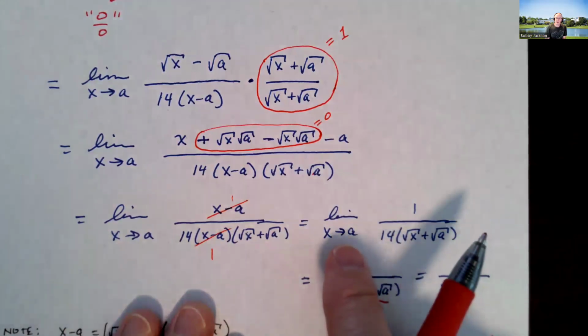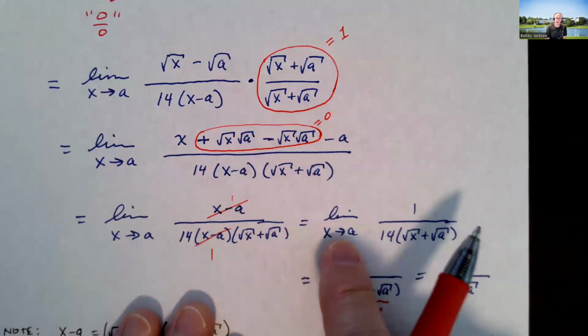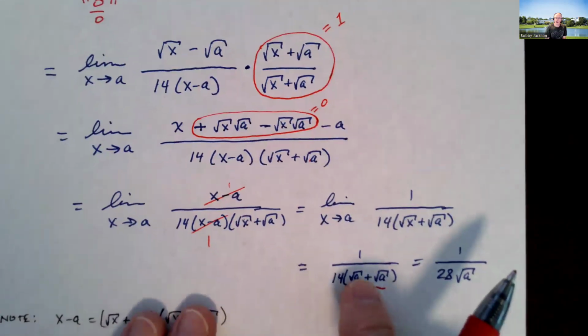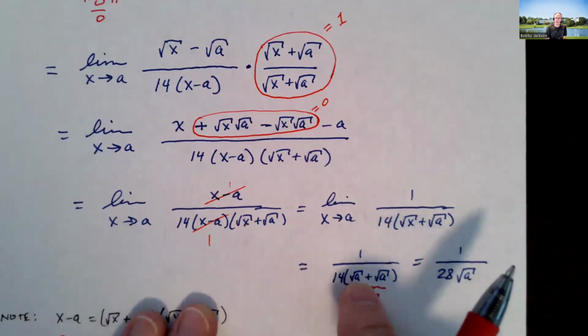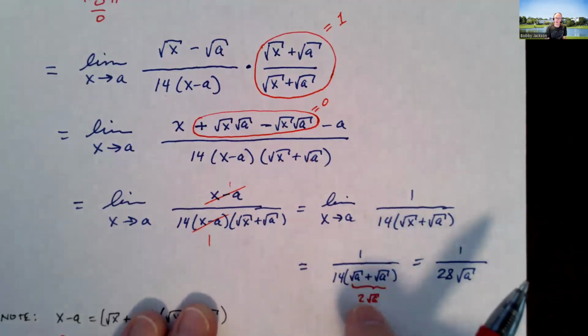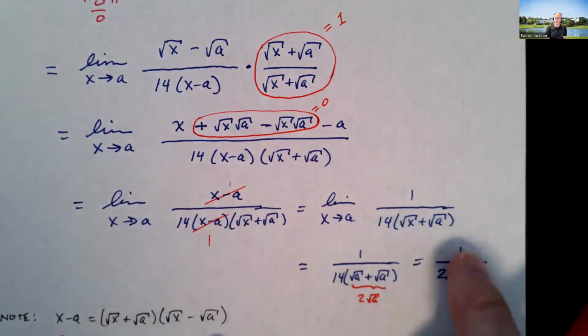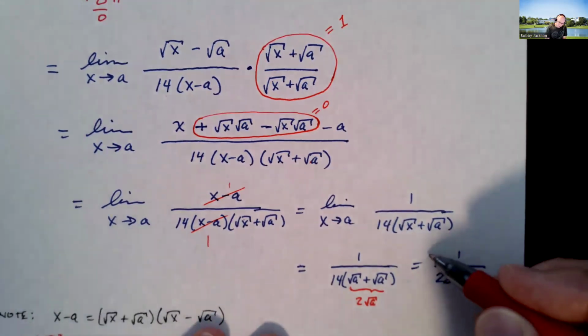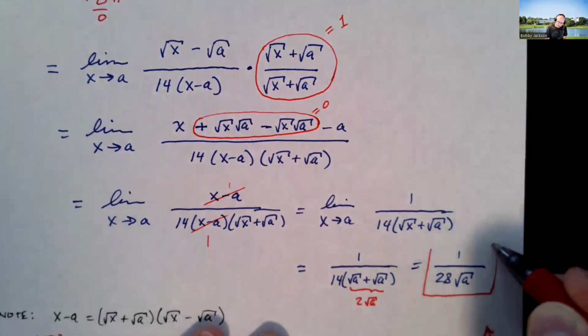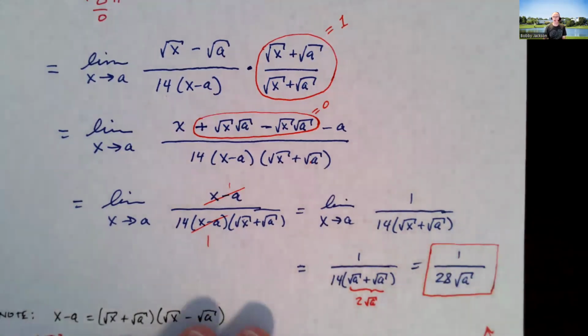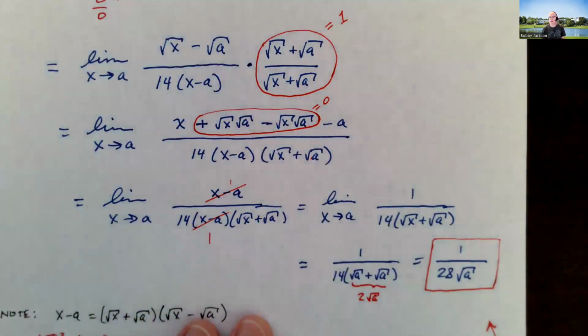Notice I've kept my limit every time, and now I can plug in, let x be a, and evaluate this, right? Replace x with a. I get square root of a plus square root of a. That's 2 times the square root of a. 14 times 2, 28 square root of a. So I get 1 over 28 times the square root of a. There's the exact value of the limit in terms of that constant a.